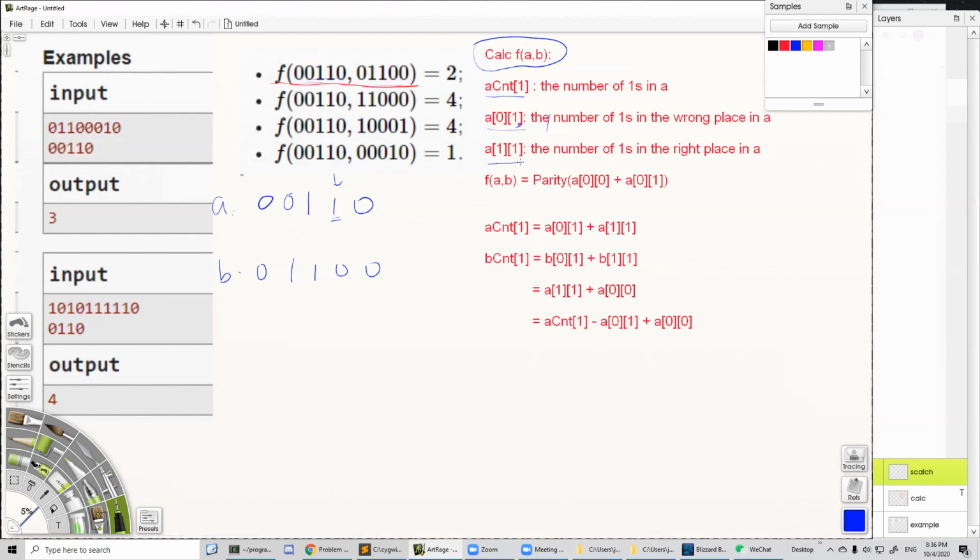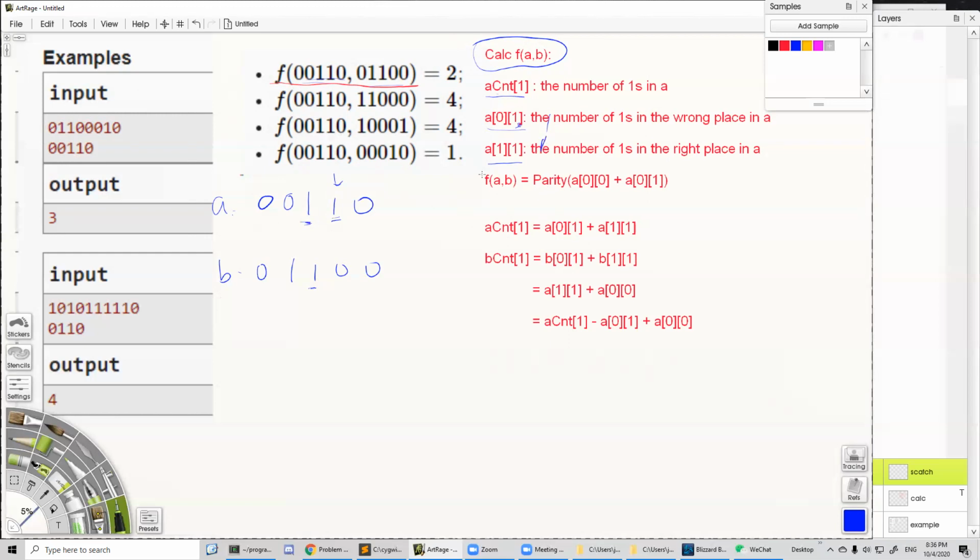And A11 is on the contrary, the number of ones in the right place in A. So this guy is in the right place because it's also 1 in B. So the number of ones in the right place in A is also 1, right?